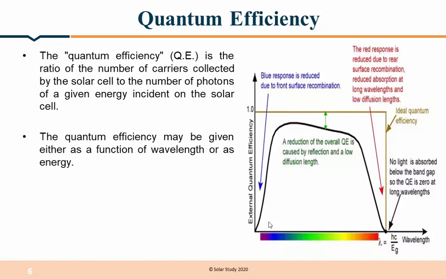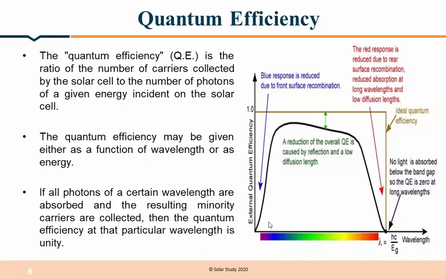So we can derive the quantum efficiency in the form of wavelength. All the photons of a certain wavelength are absorbed, and a particular amount of carriers will be collected, which leads to the generation of energy. So for a particular wavelength we will get a particular amount of quantum efficiency.